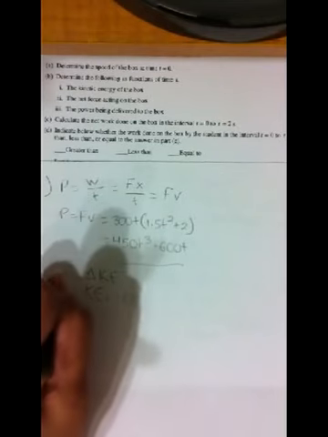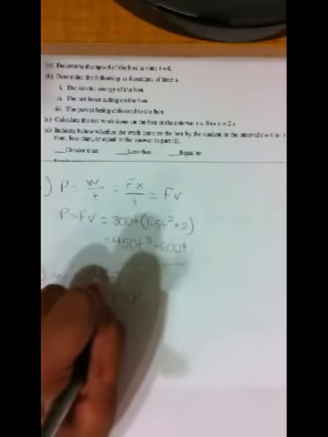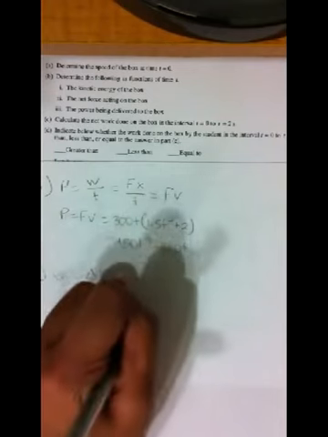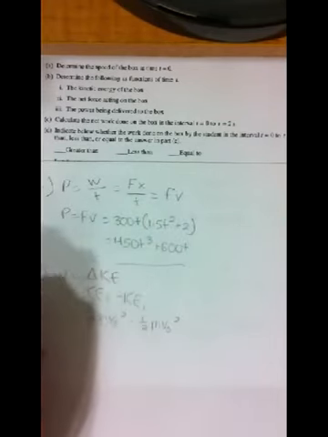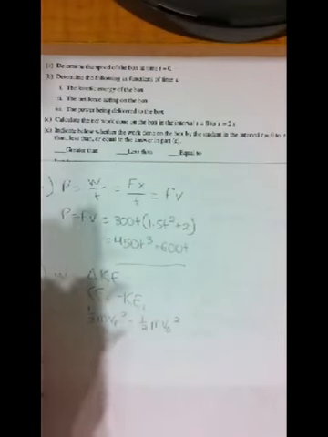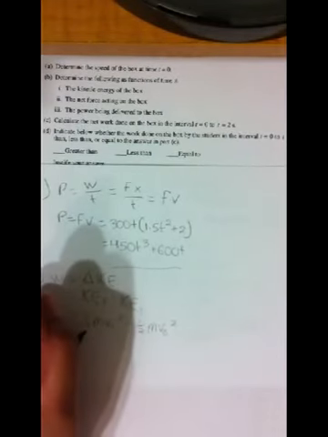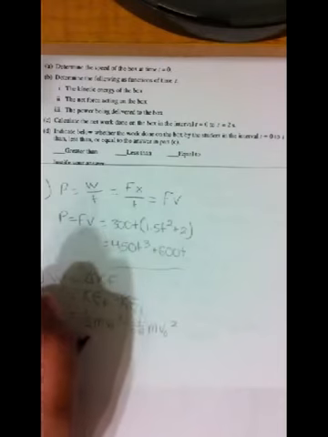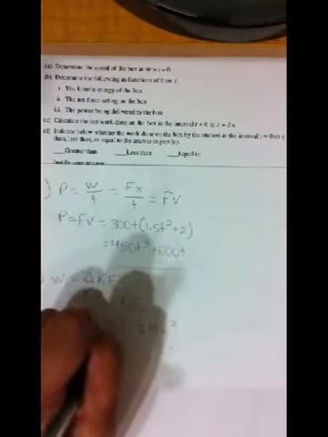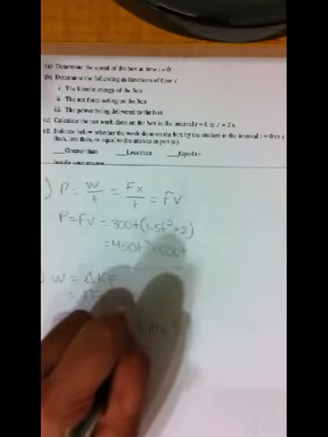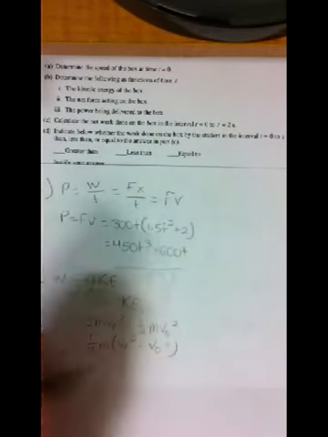That breaks down to 1/2 mv final squared minus 1/2 mv initial squared. So since the mass is the same, we can make this equation simpler and bring out the 1/2 and the m. So we have 1/2 m times velocity final squared minus velocity initial squared.